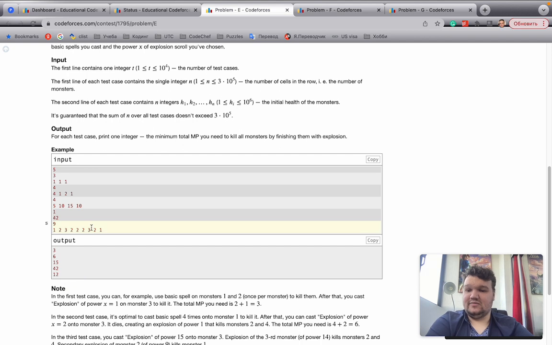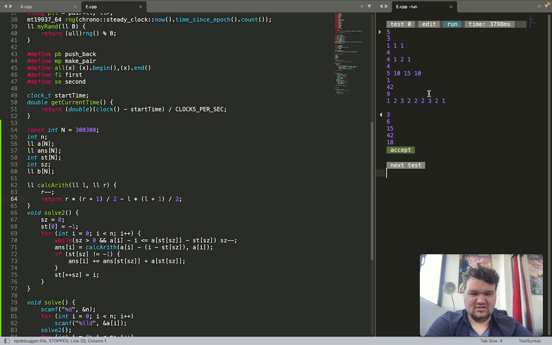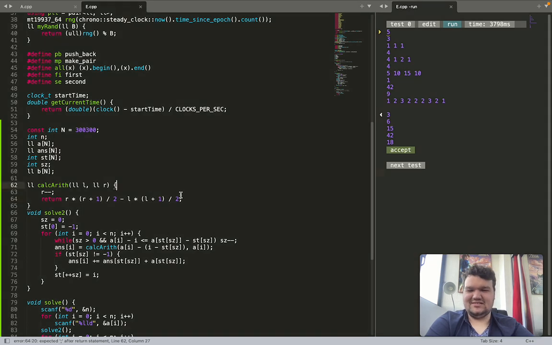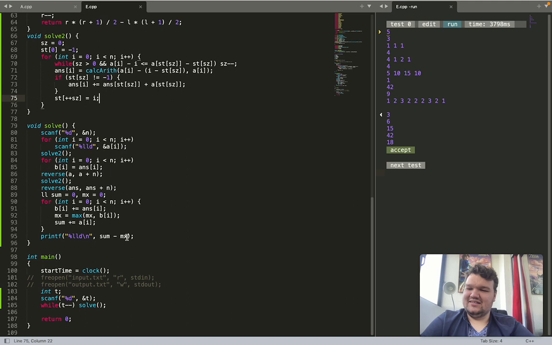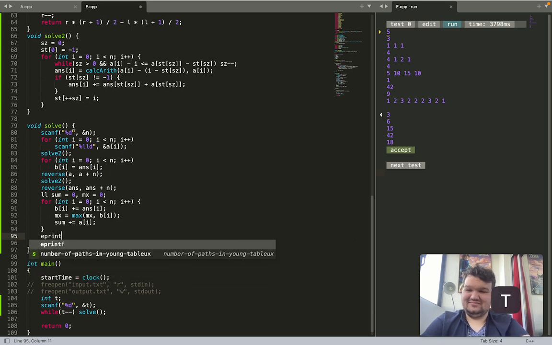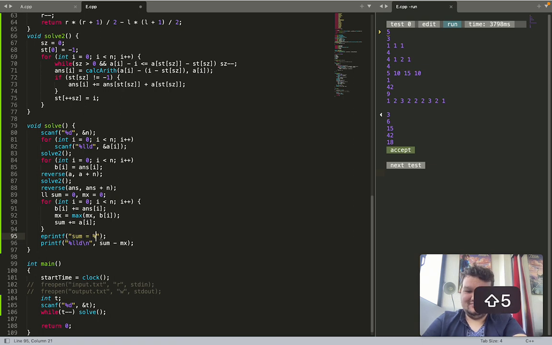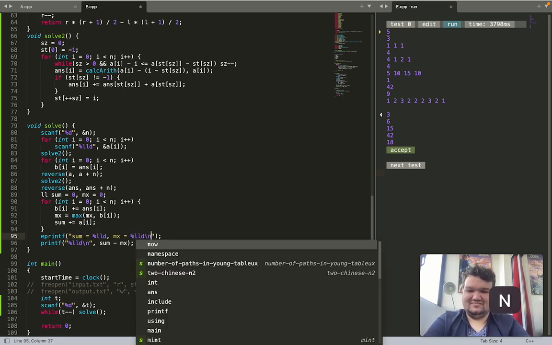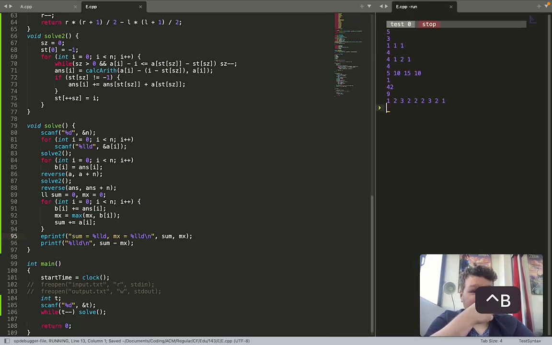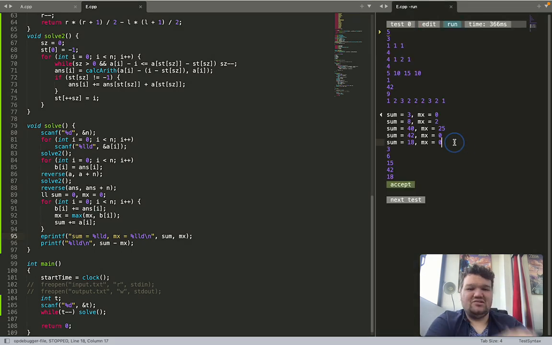That is not correct. Sum is 18, so it didn't find anything. That's insane. It is 0. How is that possible?